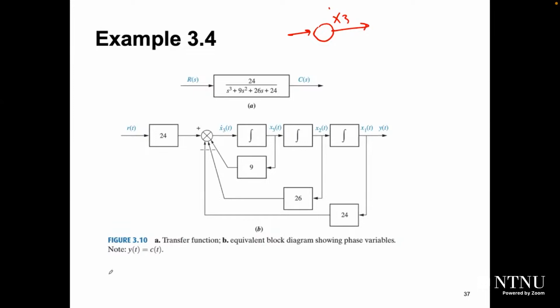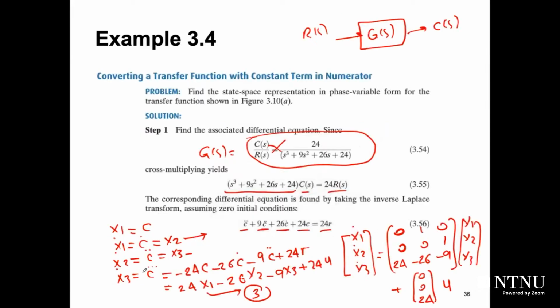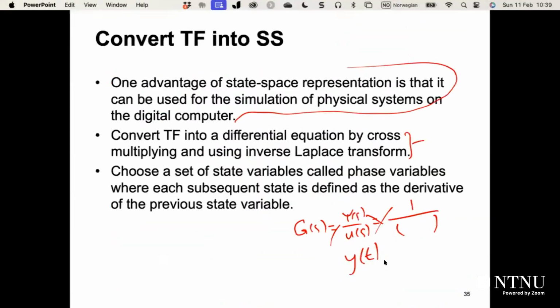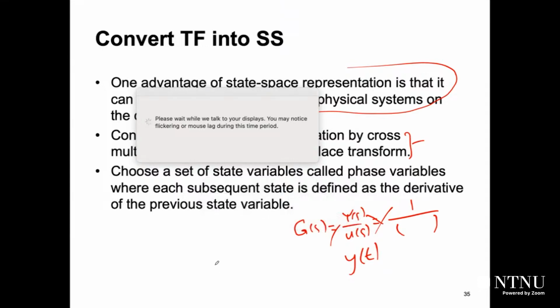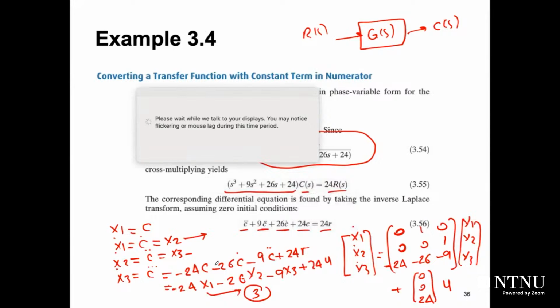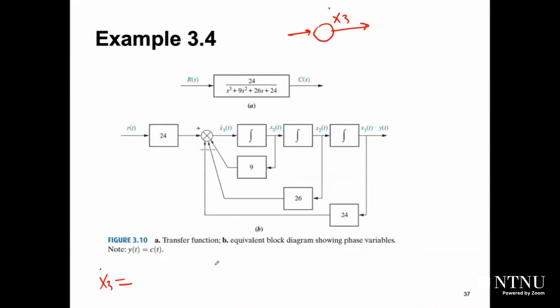So x3 dot equals minus 24x1, minus 26 x2, minus 9 x3 plus 24r. This is the third equation, in fact.